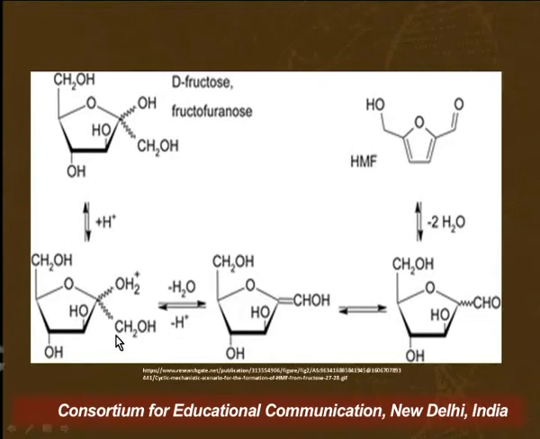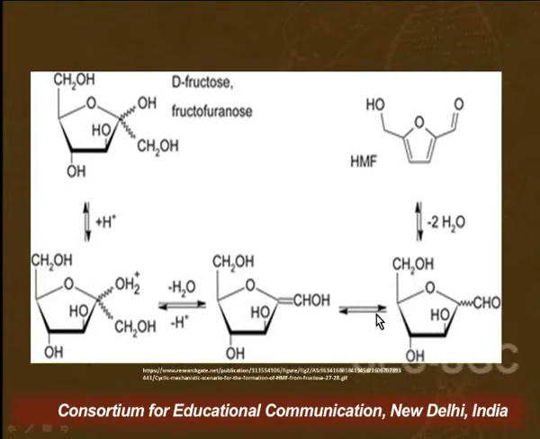You know that this alpha hydrogen is acidic because it is attached to an OH group. This molecule now tautomerizes into its enolic form, and this enol then tautomerizes to convert into an aldehydic form.